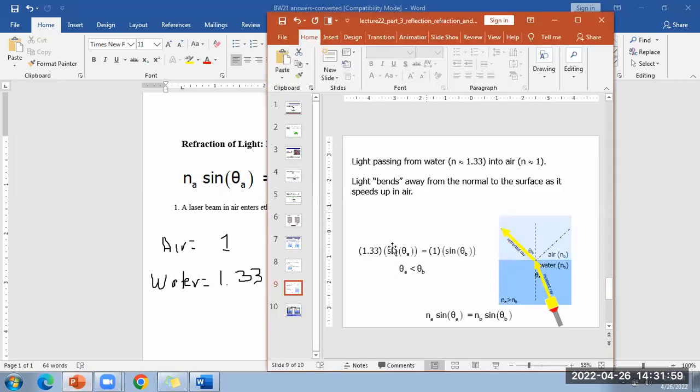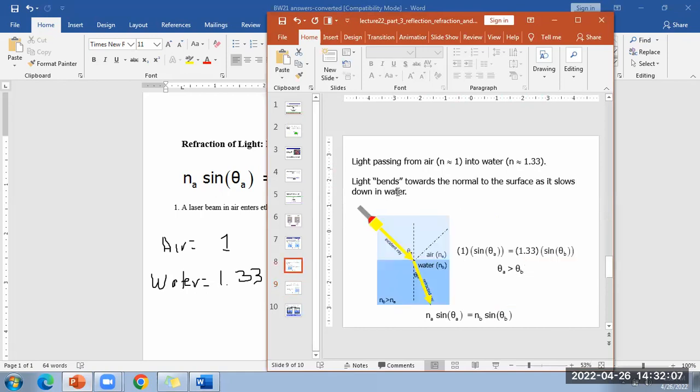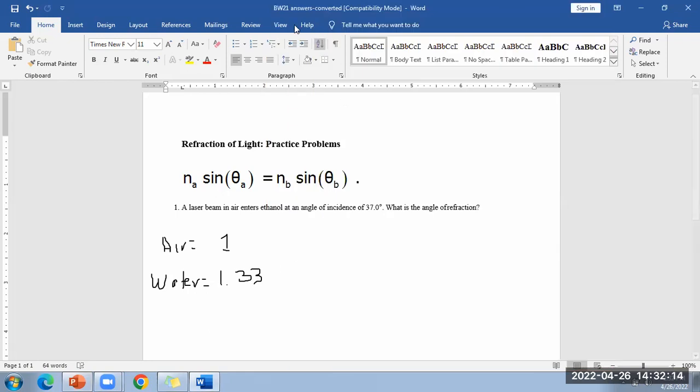Sabi dito sa PowerPoint, water is 1.33, air is 1. That is passing from air to water. Air to water tayo. Tapos meron tayong angle.